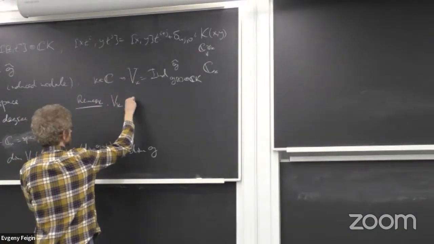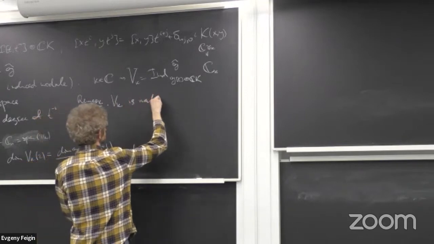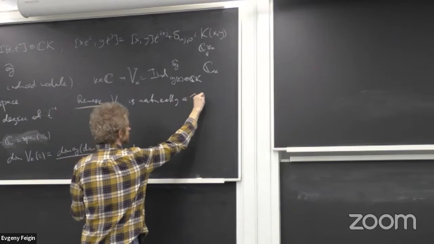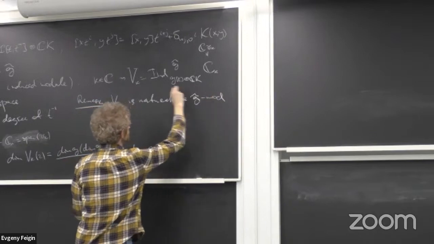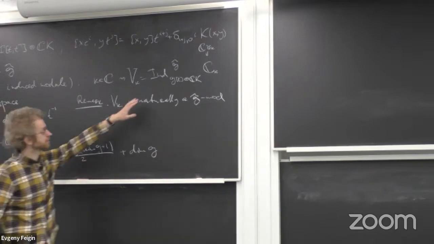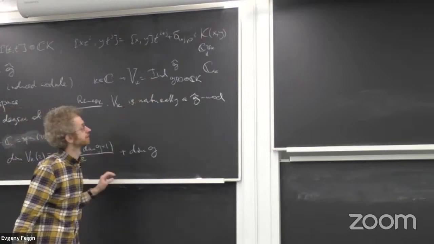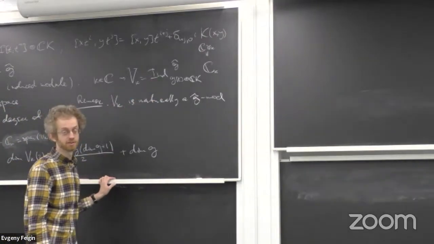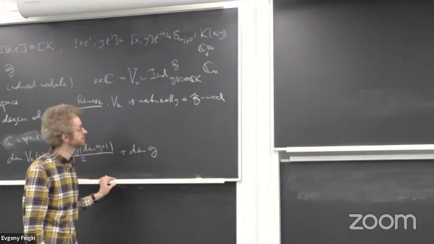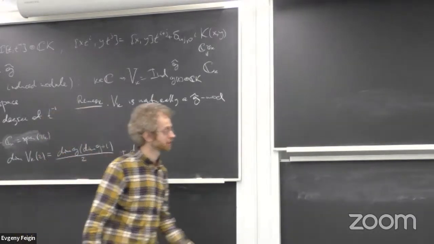Vk is naturally a g hat module, just by the very definition. So of course we have this very explicit description as a vector space. However, the initial definition is the induction from somewhere to g hat. So therefore g hat acts on the space, and it's important to keep this in mind.